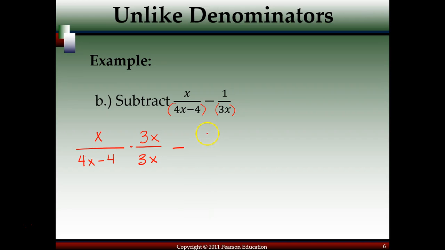Then minus, now do the same thing with the other rational expression. We're going to multiply it by both numerator and denominator of this value right here, 4x plus 4.